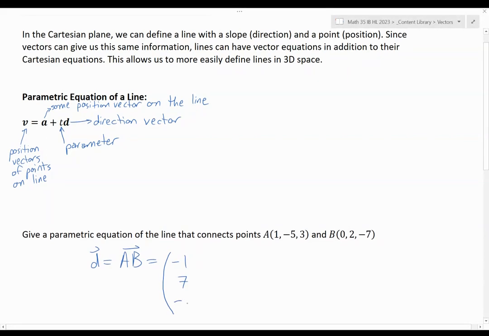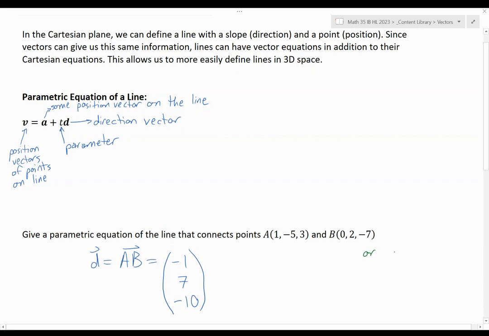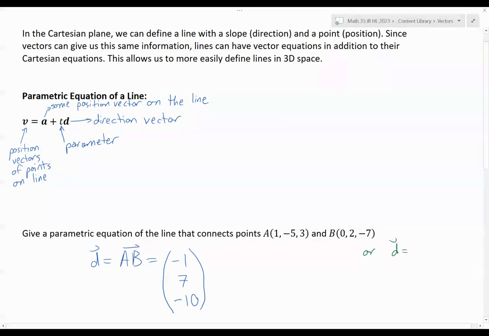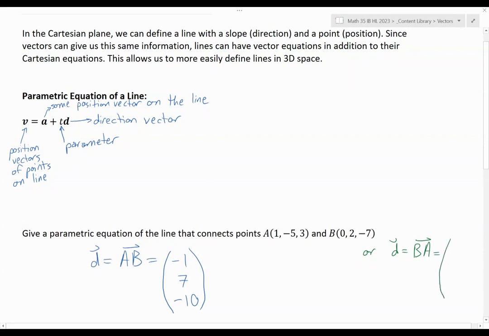-7 minus 3. Because when I'm going from A to B, B is my finishing point, so the displacement from A to B is the component of B minus the component of A. It could just as easily be the direction BA, which is exactly the same thing except the opposite.